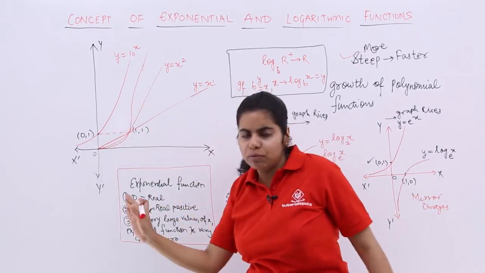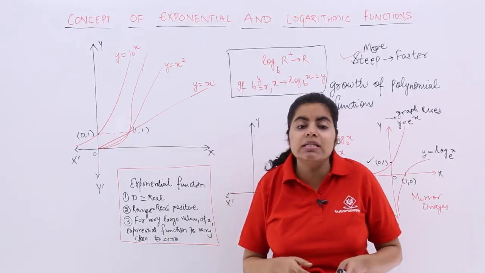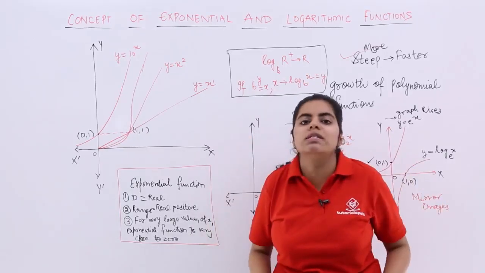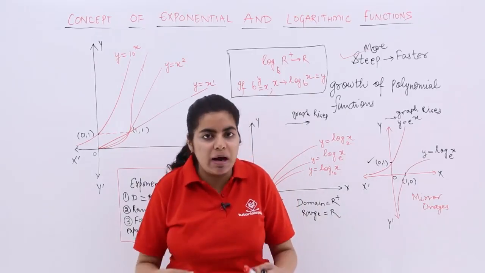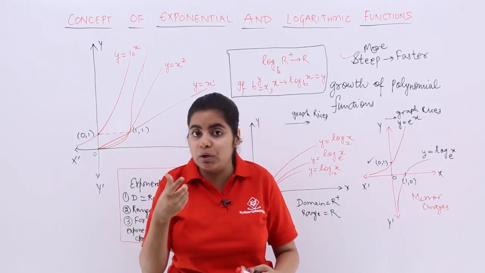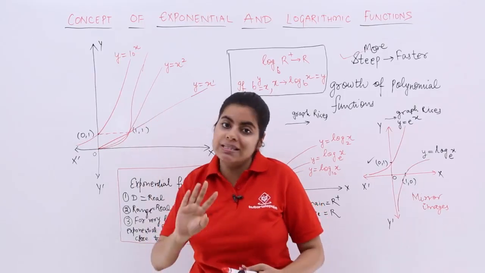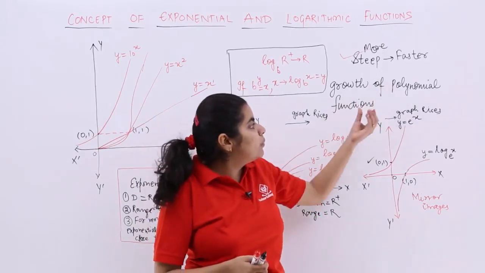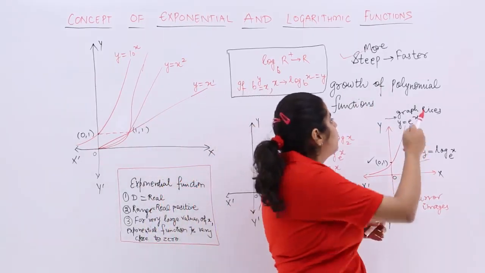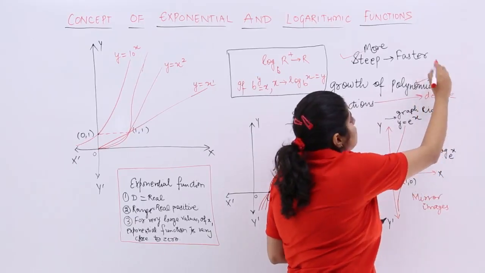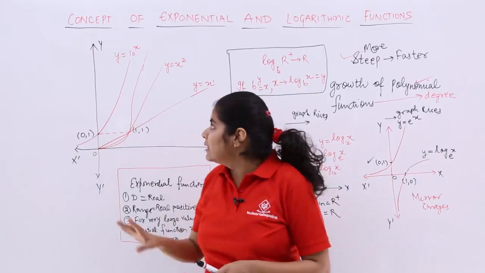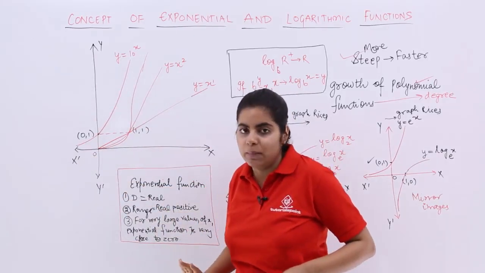That means the cubic one would have become more steeper. So as soon as you increase the power or the degree of the polynomial, it becomes more steeper. So the growth of the polynomial functions is dependent upon the degree. This also has been taken up and this graph has been clear to us till now.